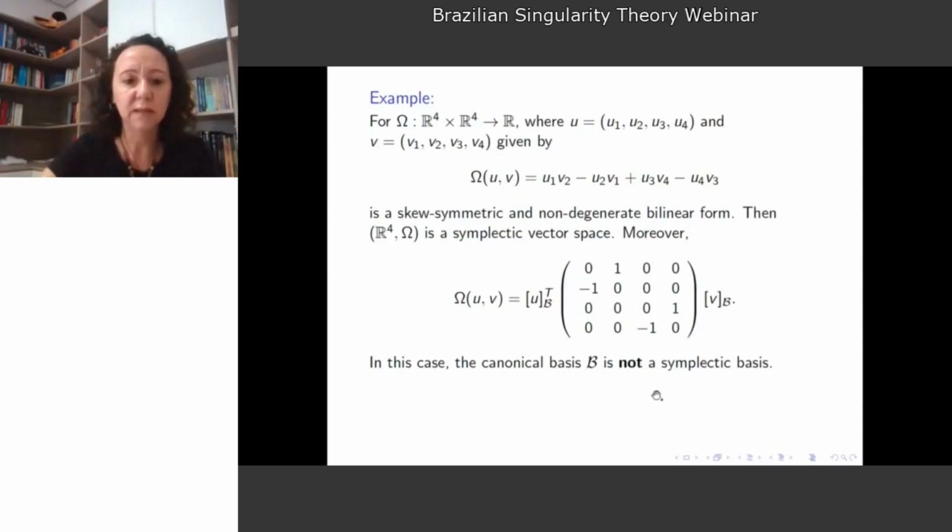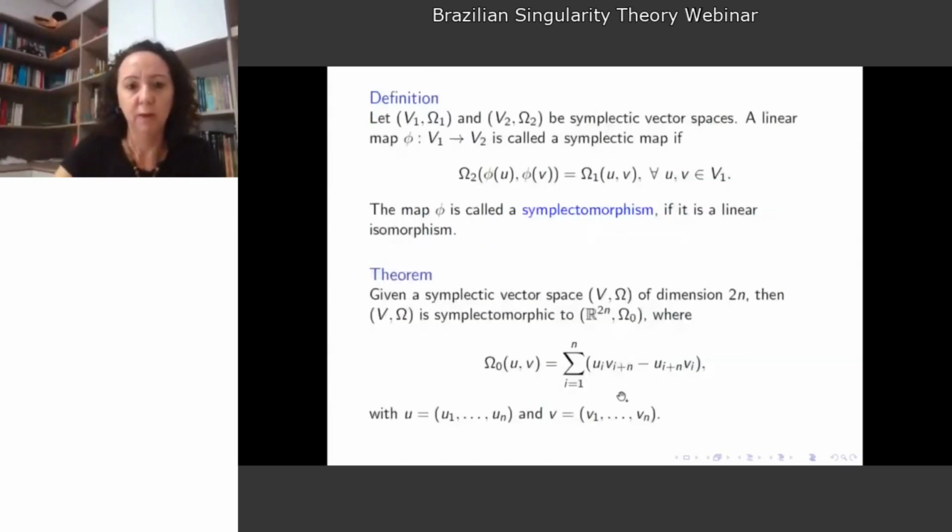And this illustrates that the canonical basis in this case is not a symplectic basis, but perhaps with a permutation of the vectors of the canonical basis, we obtain, that is, there exists another basis of R4 in which the matrix of omega is exactly the matrix J. Okay.